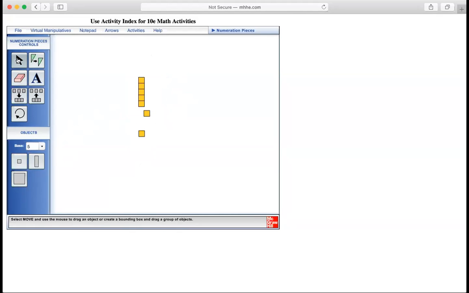And now our 7 in base 5 is 1 rod and 2. So in base 5, 7 is the same as, which I know is mind-blowing, 12. Because we have literally 7 counters, but we have one group of 5 and 2 extra. That's how you can think about it.